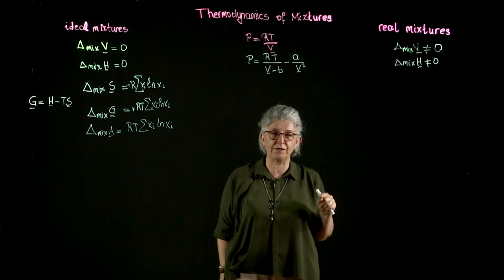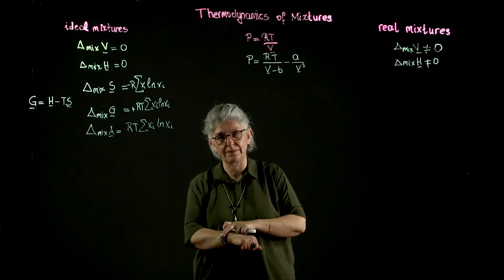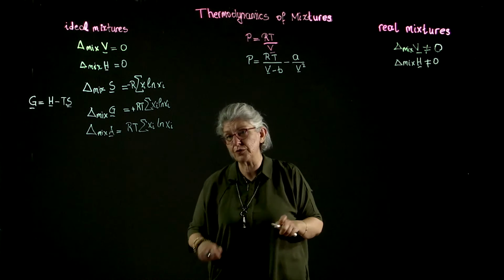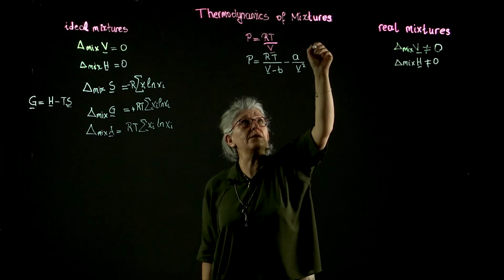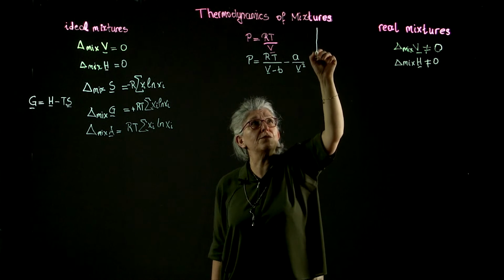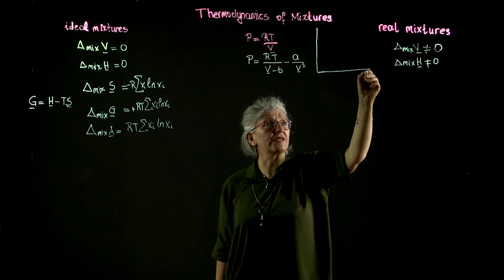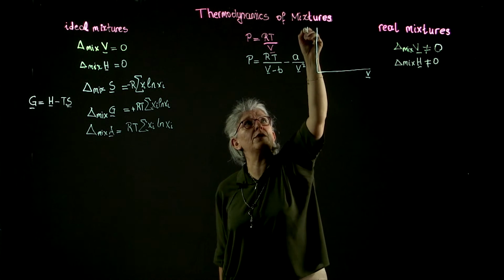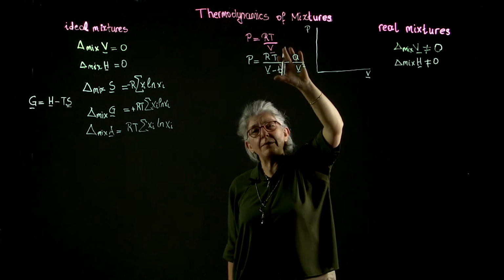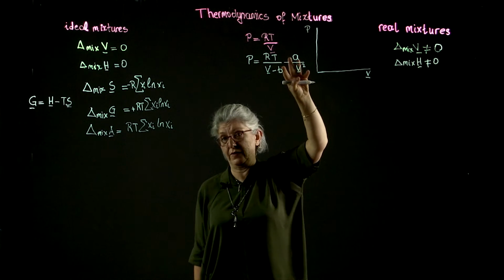Before we jump to the estimations of the vapor-liquid equilibrium, let's remember what we could estimate with a cubic equation of state for a pure fluid. For a pure fluid, the ideal gas law, the PV relationship, was simply reciprocal, but the cubic equation of state, not just van der Waals, but any cubic equation of state or a virial equation of state, enabled us to predict vapor-liquid equilibrium of pure fluids.